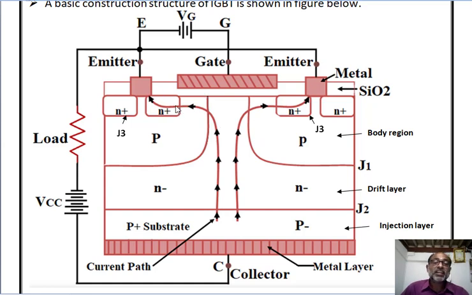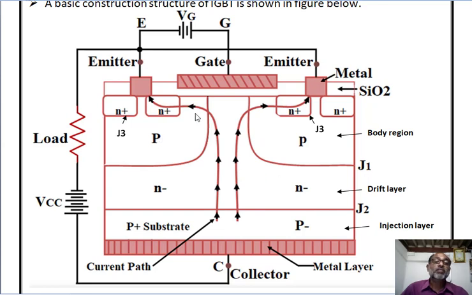Now this N channel is short circuited to the N plus layer and the N minus layer. So the electrons which are available in this N plus emitter layer drift into this N minus layer.